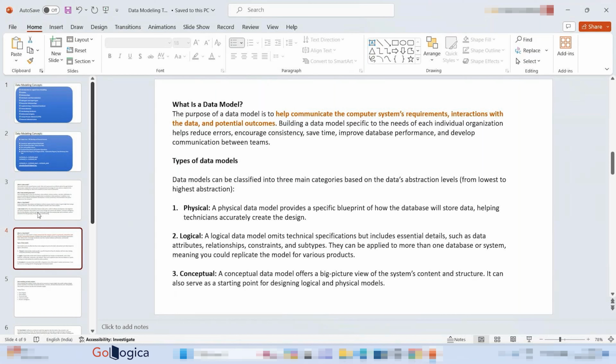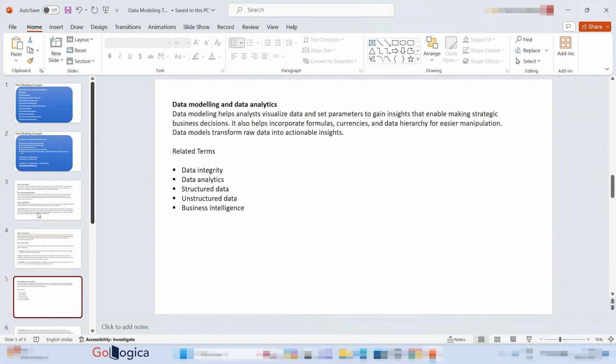So always remember we have two things. In dimensional modeling, we have three types of data model: physical data model, logical data model, and conceptual data model. And a data model and data analytics, these two terms are related to each other.